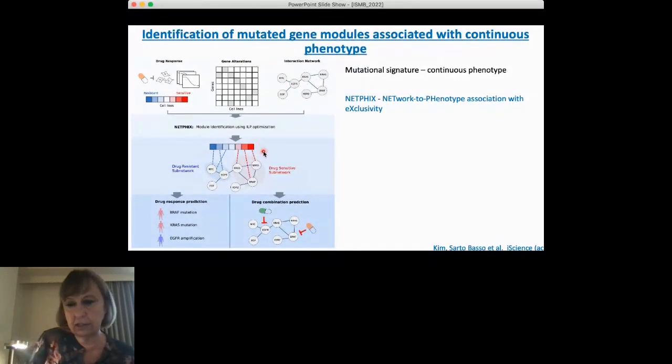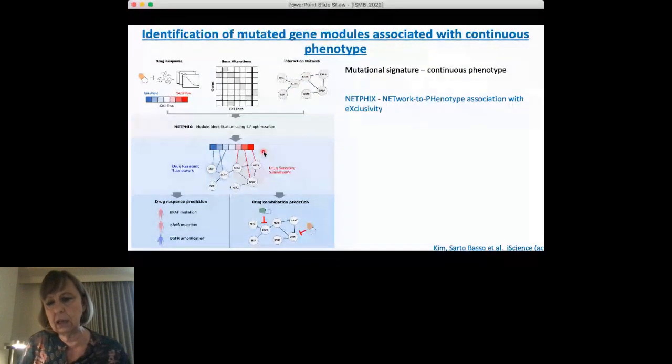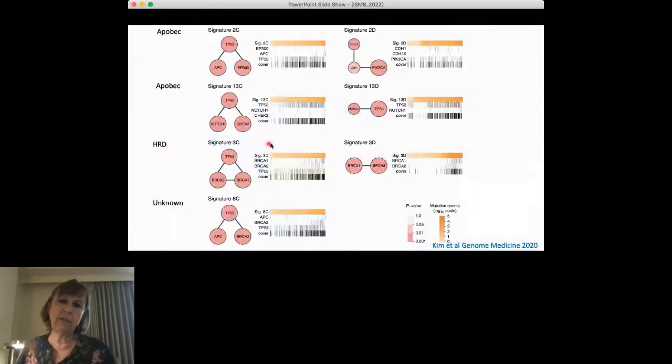The rest of the slide here shows what we did with this approach in terms of looking at the drug targets. However, here are some results that we did obtain from using this method to study mutational signatures.